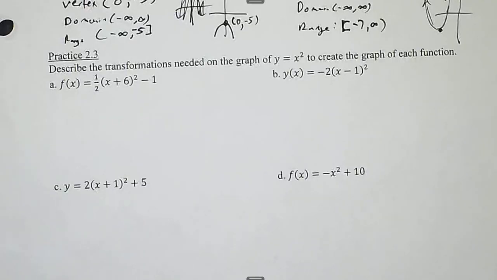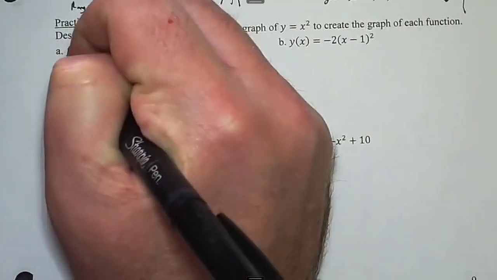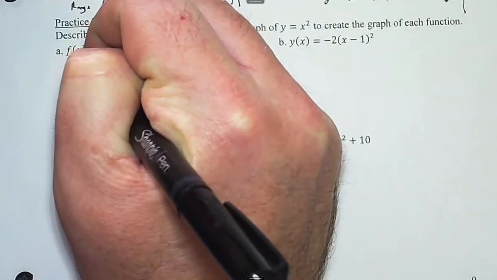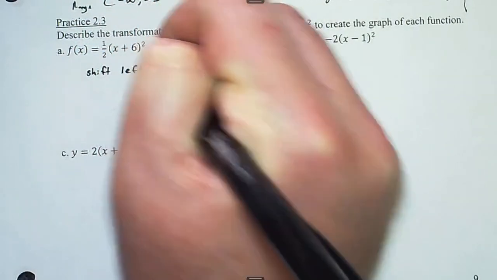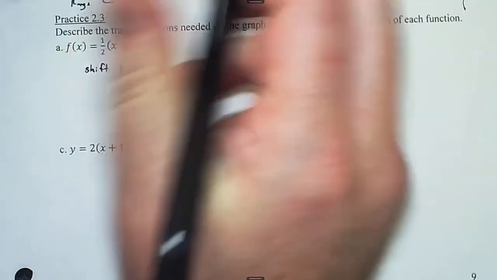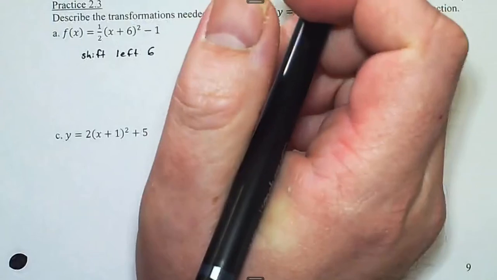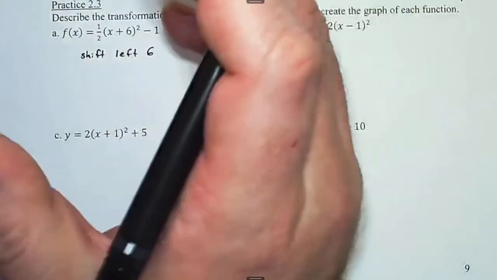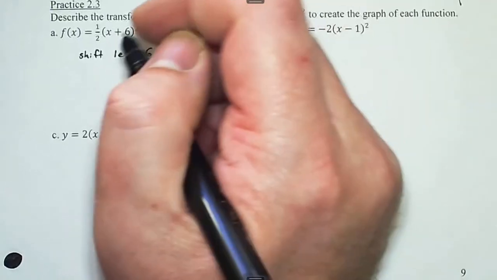Okay, so for practice 2.3a, we should have said that we would shift left 6, and you could say scale by 1/2, multiply the y values by 1/2, shrink or expand, whatever you want to do.